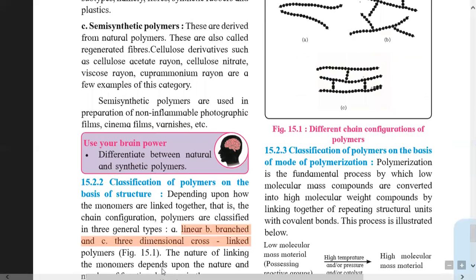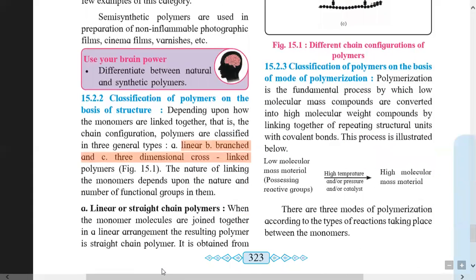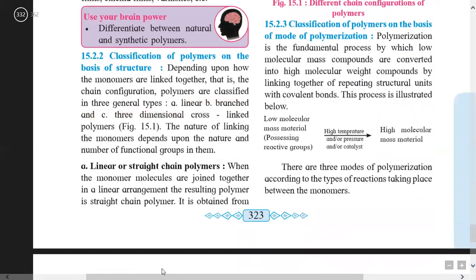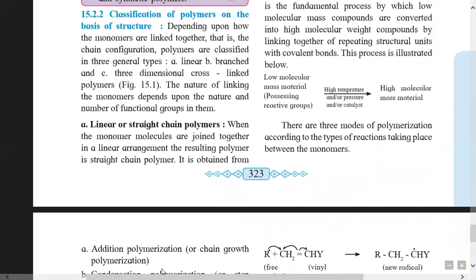These structures are given in figure 15.1. This A figure shows linear polymers. In the B figure, they are branched, and in the C figure, it is cross-linked polymers. The name of linking polymers depends upon the nature and the number of functional groups present in the chain.